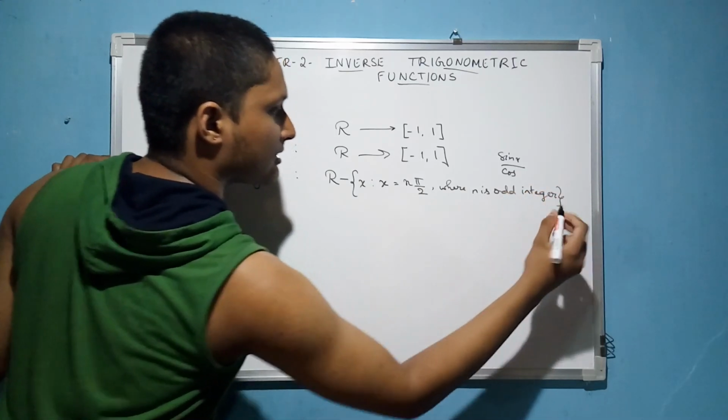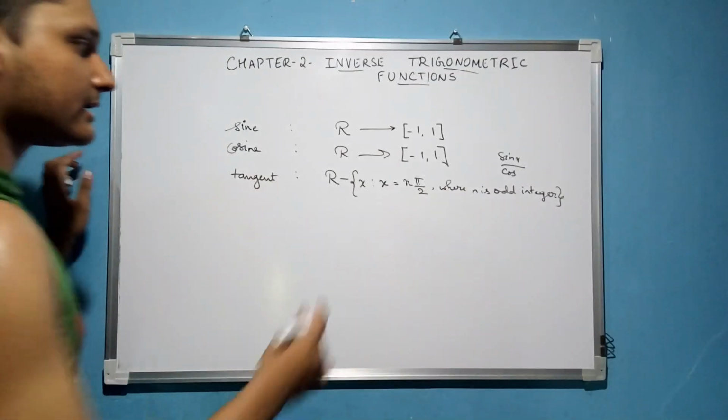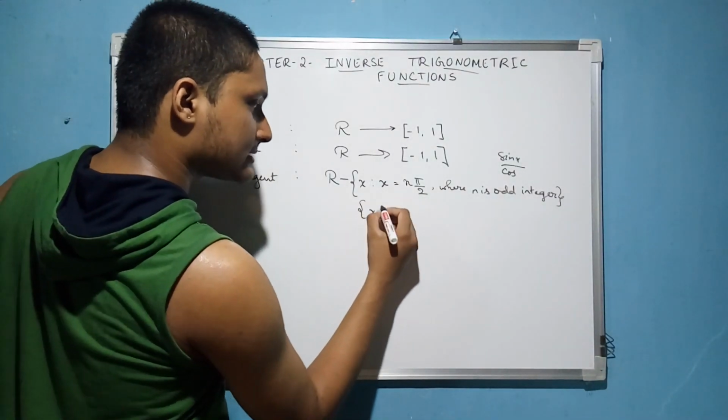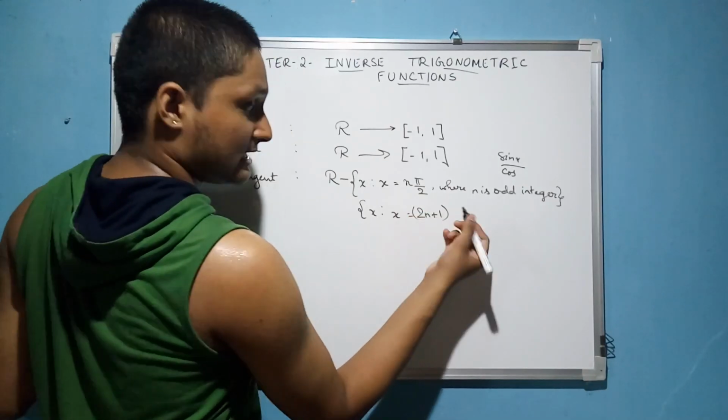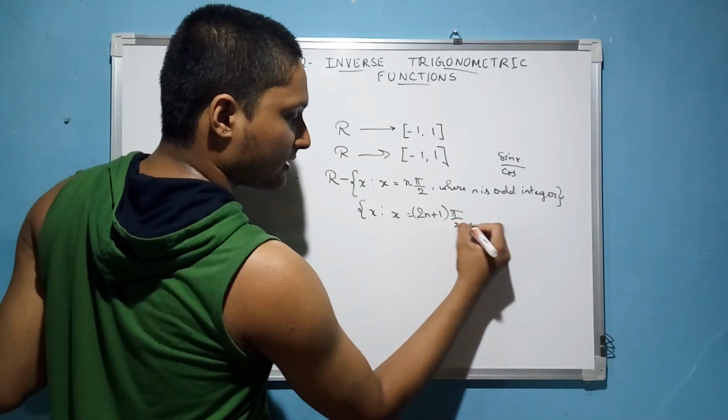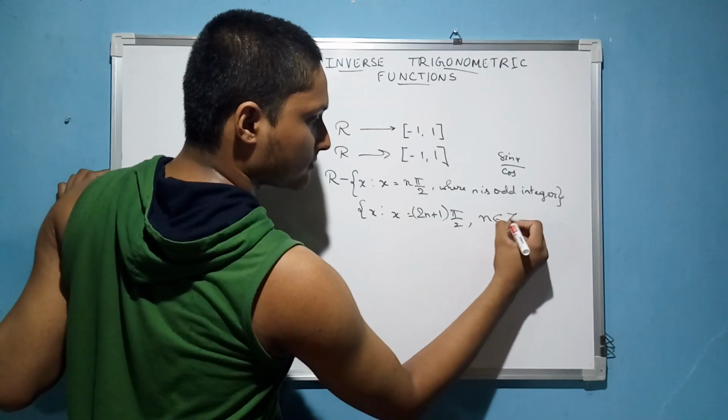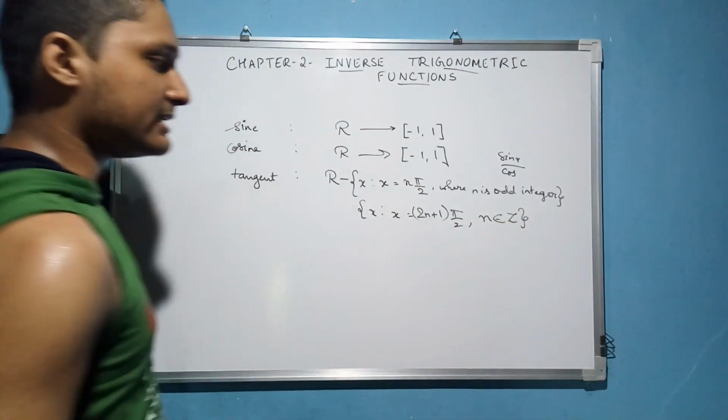This is one way of writing it, or you can write it as the set of x where x is equal to (2n plus 1) pi by 2, where n is an integer, or n belongs to the set of integers.